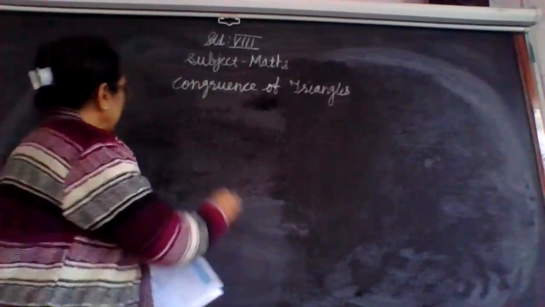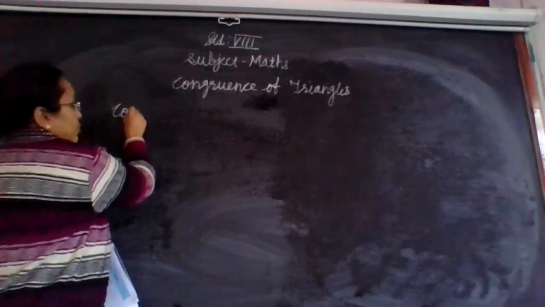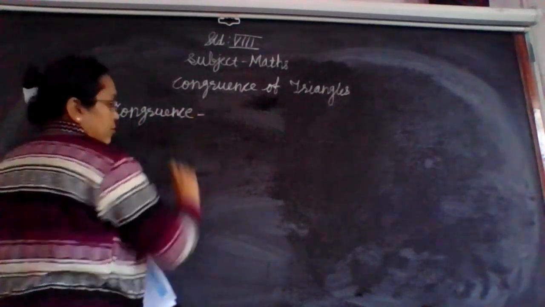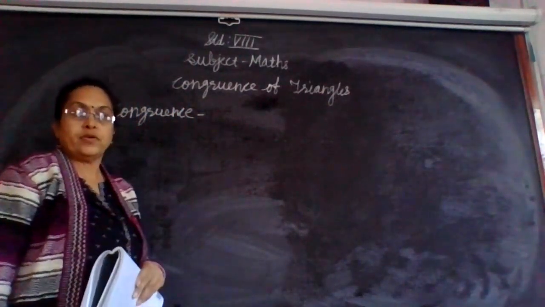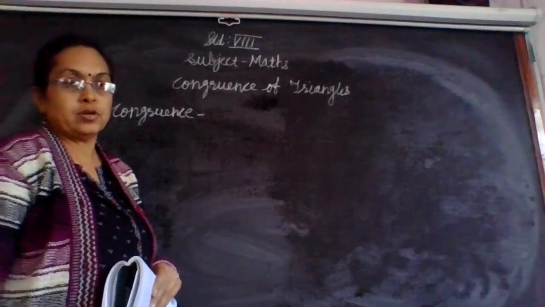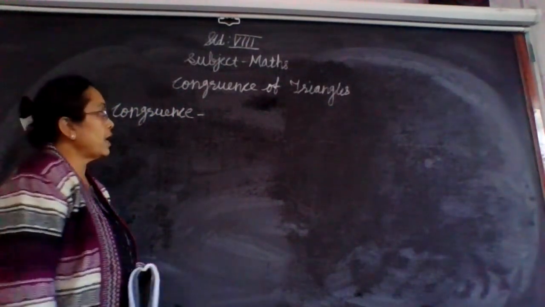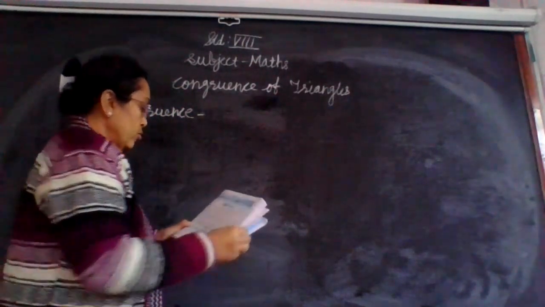Now, before that, I will tell you some terms. Congruence means of equal measure, segments of equal measure or angles of equal measure. They are called congruent.